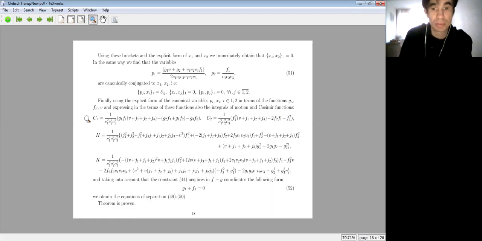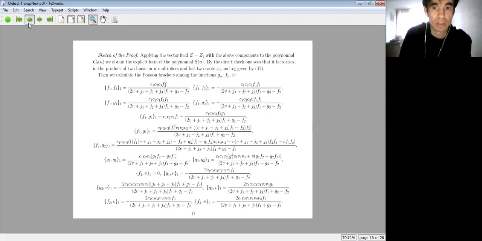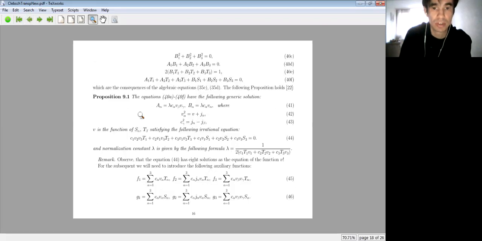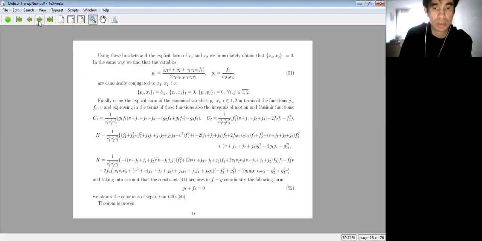We obtain the following not very simple but still manageable formula, and taking into account our constraint, which is remarkably simple, constraint 44, our main constraint defining function v, which acquires in these terms a very simple form.